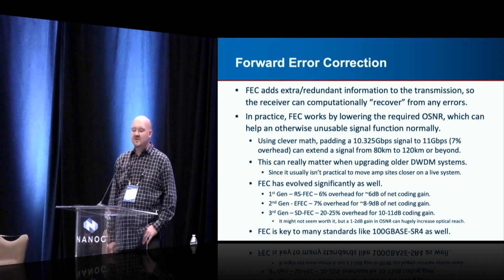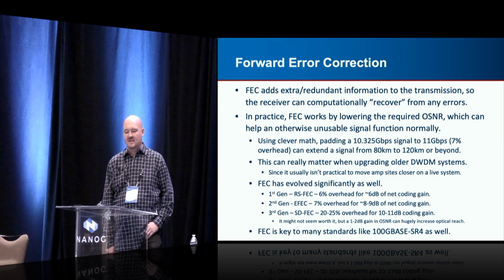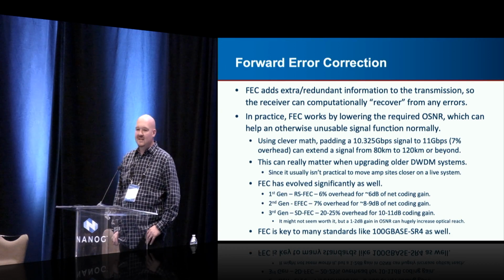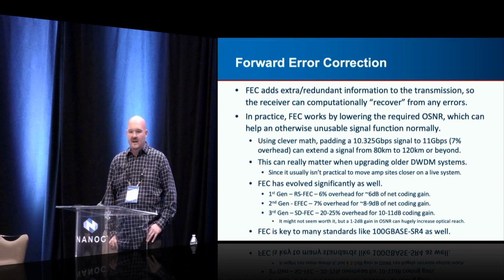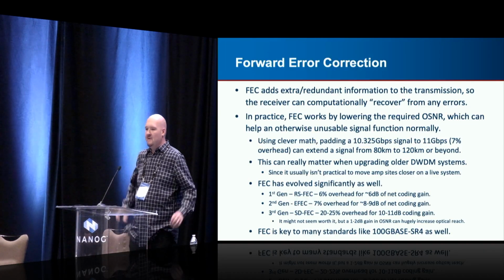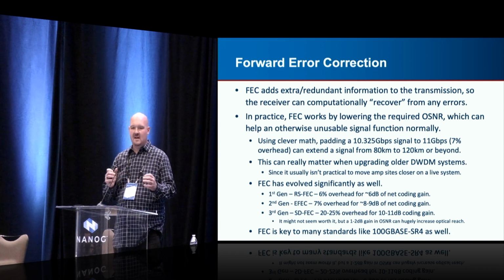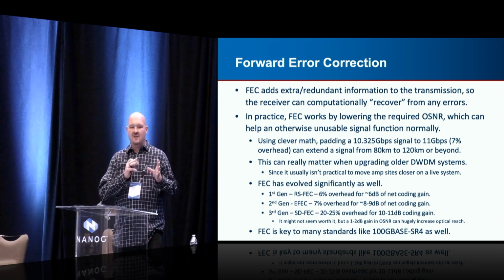There was a second generation FEC, where they added slightly more overhead and got slightly better performance. The modern FEC actually adds a lot more overhead. It's something called soft decision FEC. It doesn't actually tell you for sure whether something was a 1 or a 0, but it helps influence the coherent transponder.